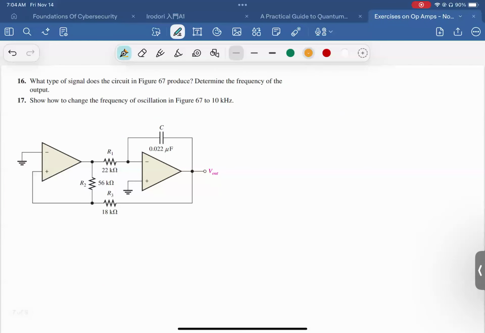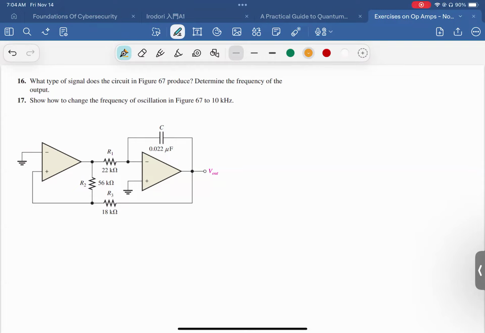Okay. So next. Anong klaseng circuit itong nakikita niyo ngayon? Diniscuss natin ito last time.